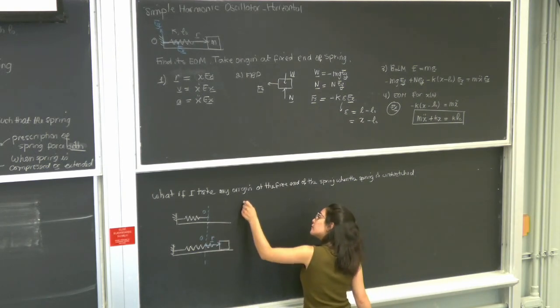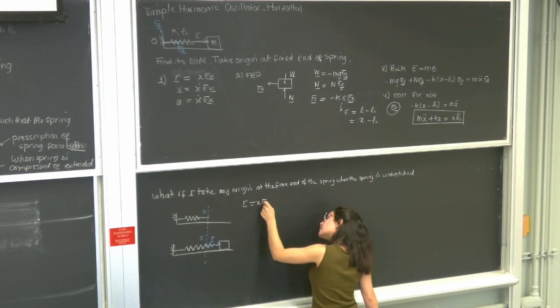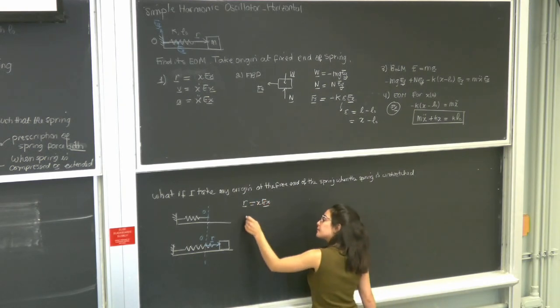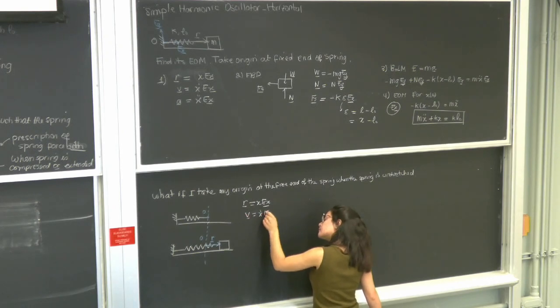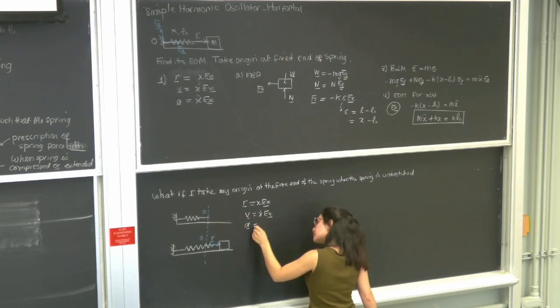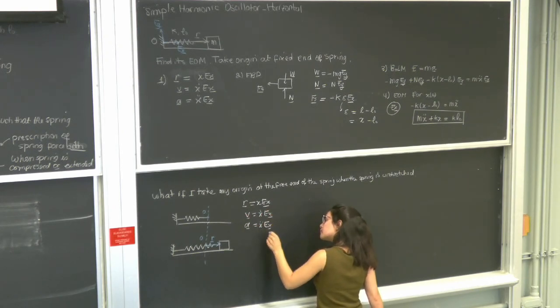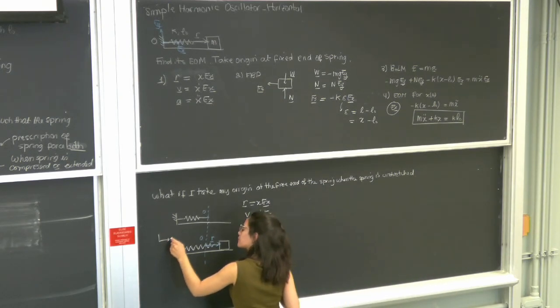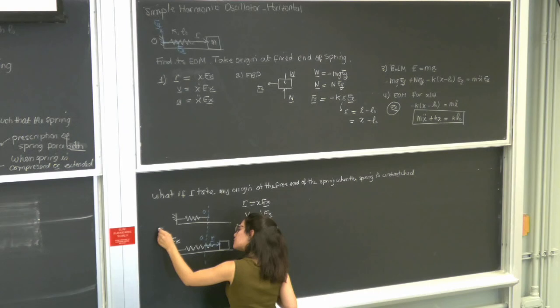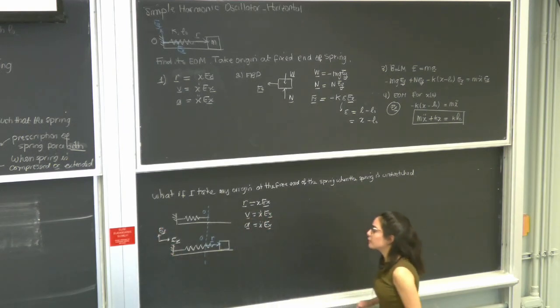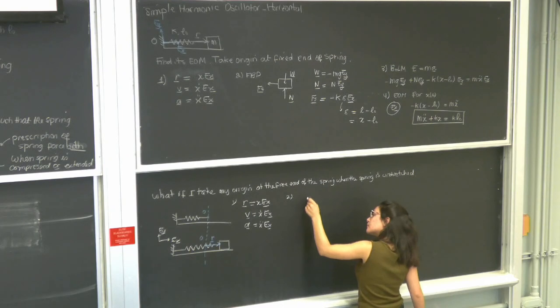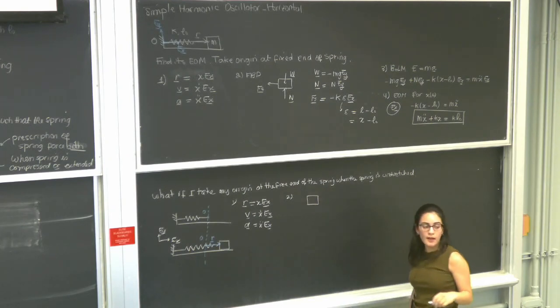So R is x ex. That's step 1. Step 2. The free body diagram, that's going to be the same.